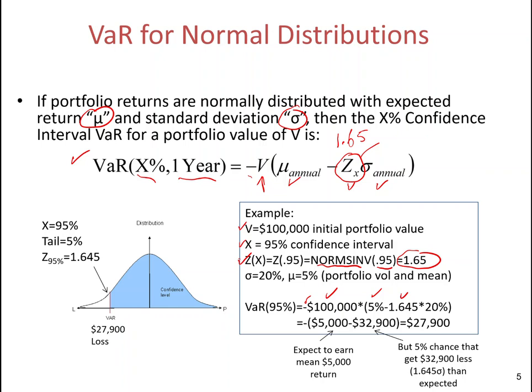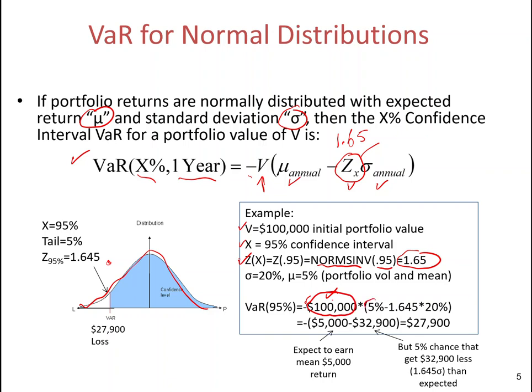The 1.645 just comes from the geometry of the normal distribution curve. I should expect only a 5% chance of having a 1.645 standard deviation tail event in one direction. So if you think about this formula, my current value of the portfolio is $100,000.